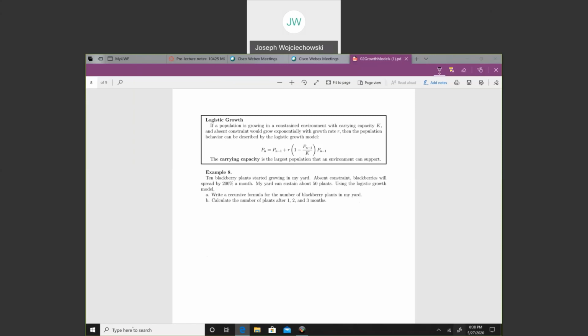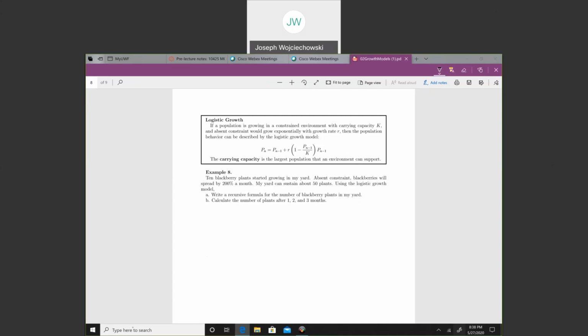This takes a long time. So while I believe there is a homework problem, there is not a test problem on this. So let's look at how this works. Write the recursive formula. Let's see what we have. Blackberry plants started growing in my yard, absent constraints.